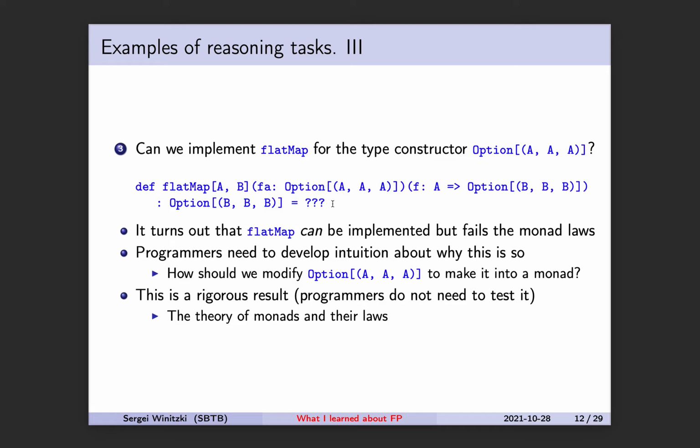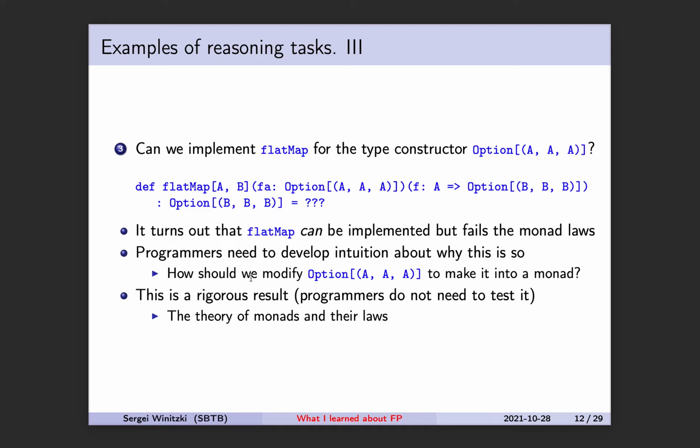What would be the consequence of using this flat map that violates the laws? The programmers need intuition about it. So what is wrong with this? And how should I modify this data structure so that I can implement flat map correctly for some modified data structure? Because imagine that your business logic dictates that you have this data structure, or at least that you have this data structure and maybe some more data, and you need to have a monad out of it.